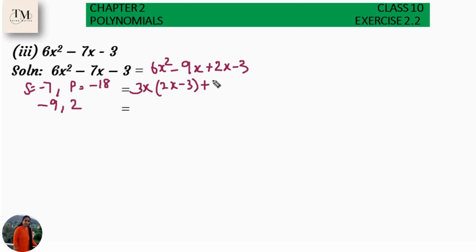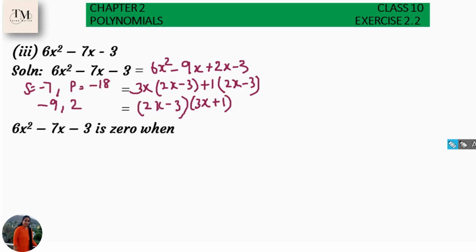Here I take the common term as 1. So the remaining is same, 2x minus 3. So 2x minus 3 can be taken outside. So the remaining will be 3x plus 1. So if 6x square minus 7x minus 3 is 0, then (2x minus 3)(3x plus 1) will be 0.